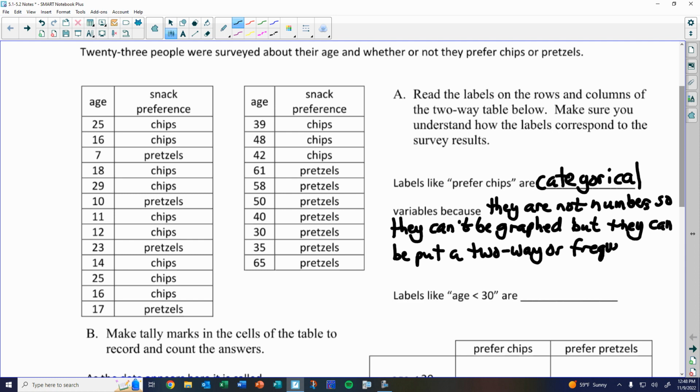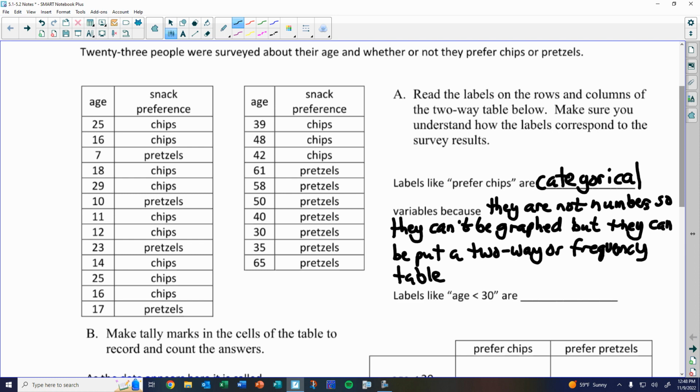So that's what a categorical variable is. Just think of the word category. You can't really graph a category because it's just that. It's a category.